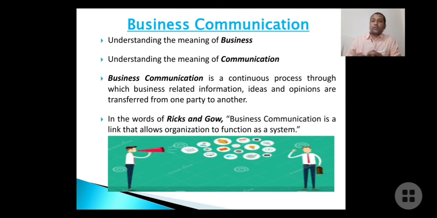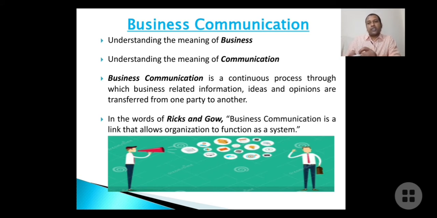So business communication is a continuous process through which business related information, ideas and opinions are transferred from one party to another, and the feedback also will be given from the receiver to the sender. That is the business communication. Just the difference is the business related information, ideas and opinions are to be communicated.